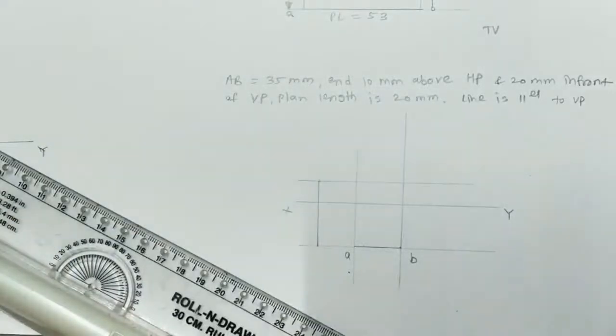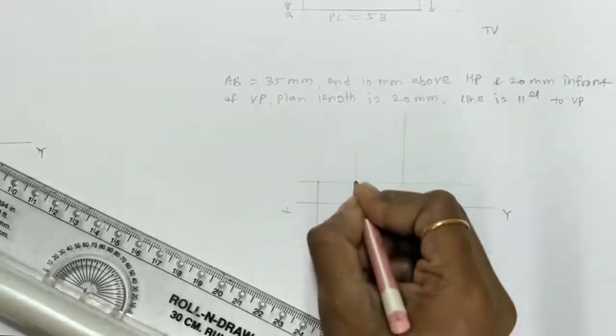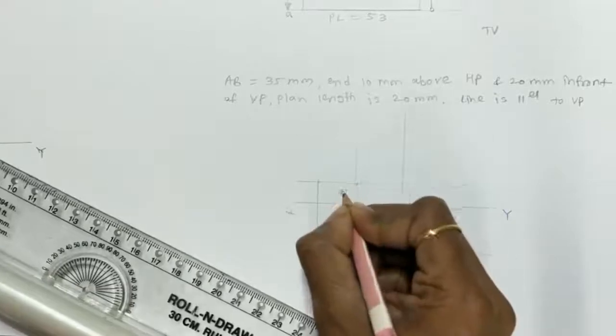Now true length AB is 35 given and its one point is here. So here point A dash.